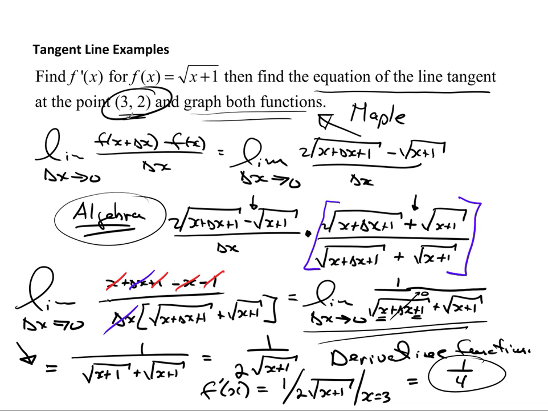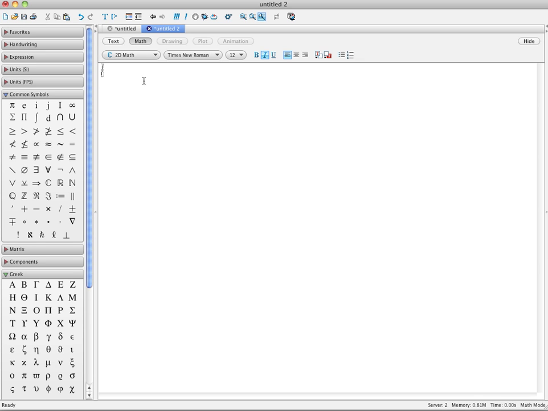So now what I want to do is switch to Maple and graph these two functions and see if it seems reasonable. So I will tell Maple to plot. I need the square root of x plus 1. Oops, I'm going to plot more than one function, so I need these curly brackets there. There we go. Comma. And the derivative function, 1 over 2 times the square root of x plus 1.